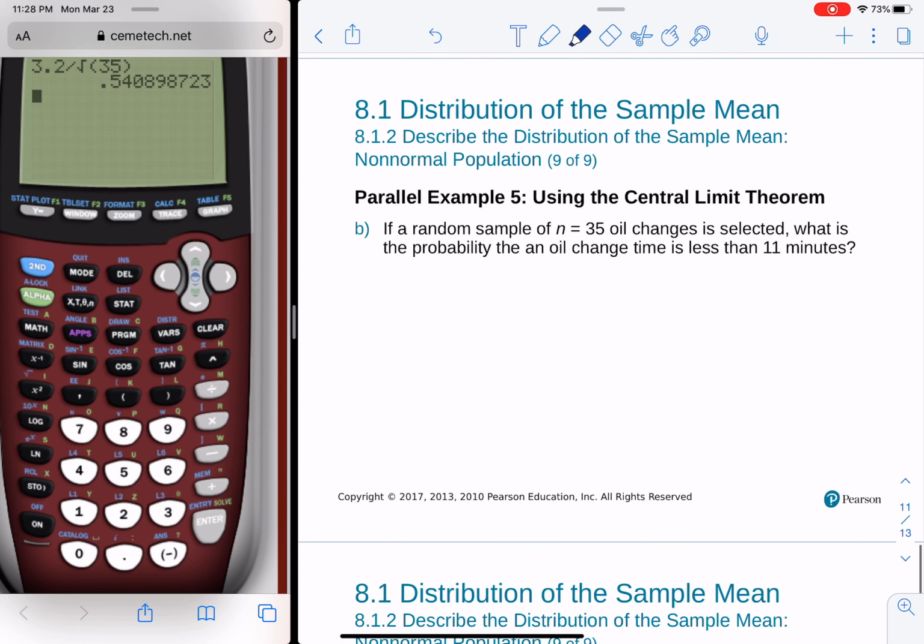So here is an example. If a random sample of n equals 35 is selected, what is the probability that the oil change time is less than 11 minutes?